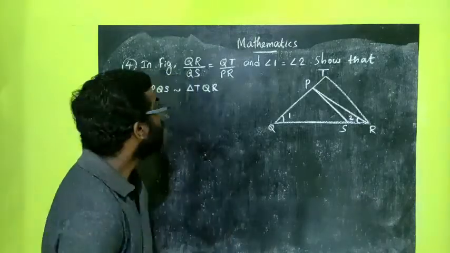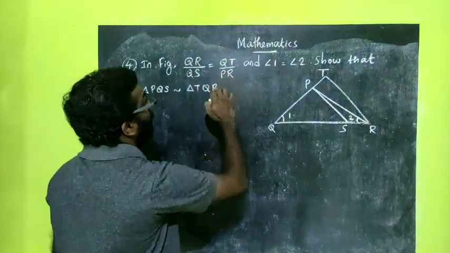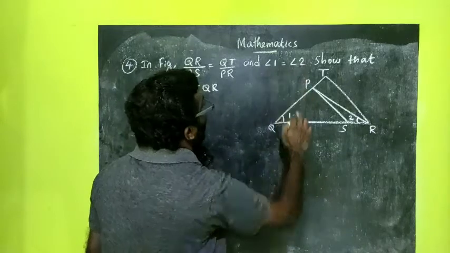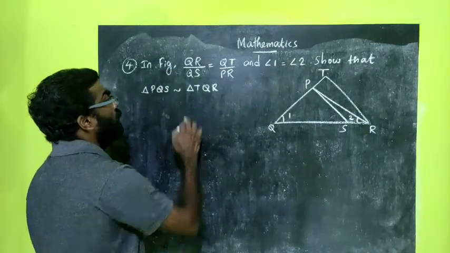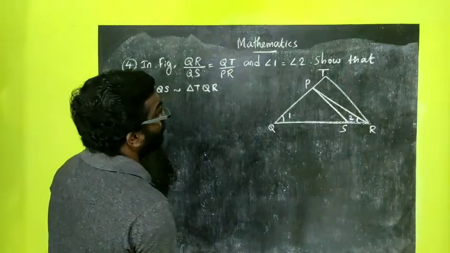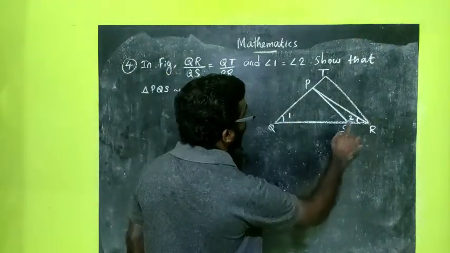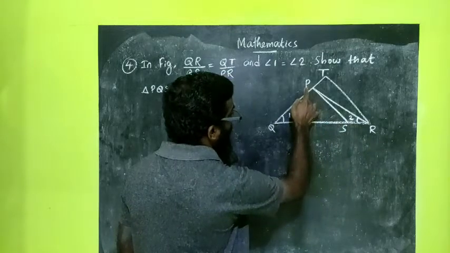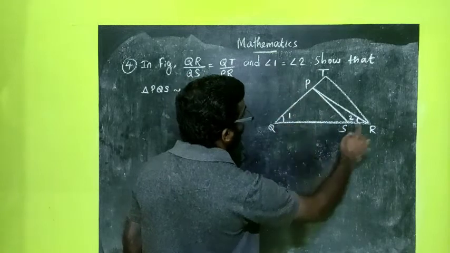The next question is, in the figure QR by QS is equal to QT by PR and angle 1 equal to angle 2. Show that triangle PQS is similar to triangle TQR. So observe the figure, here angle 1 equal to angle 2. Consider the triangle PQR.